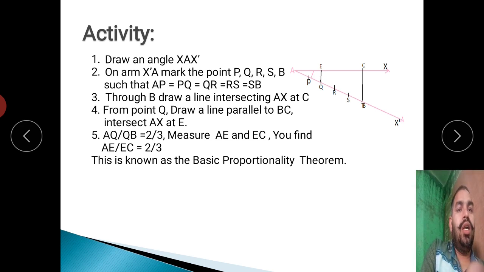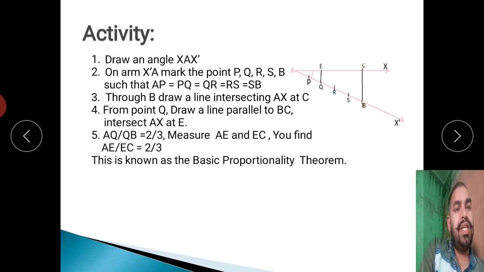Through B, draw a line BC which intersects AX at point C. From point Q, draw another line parallel to BC, intersecting AX at point E.